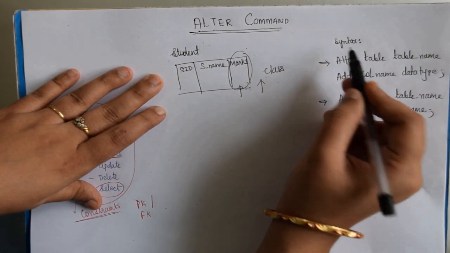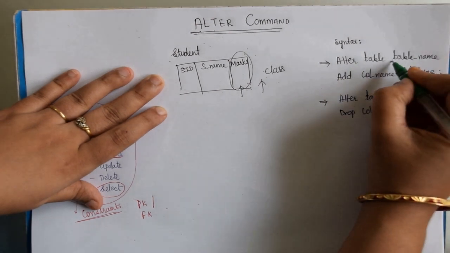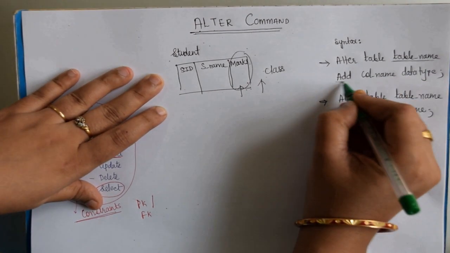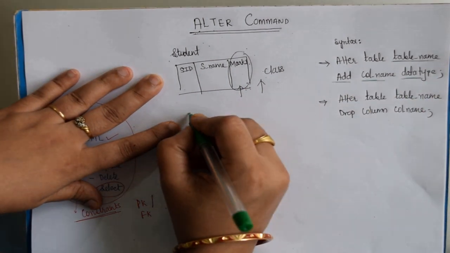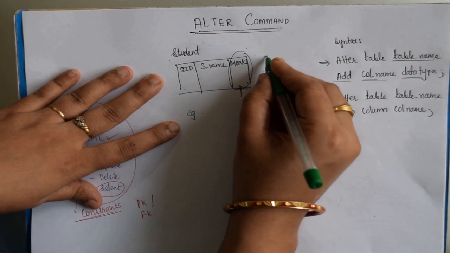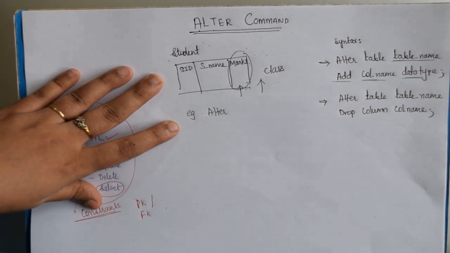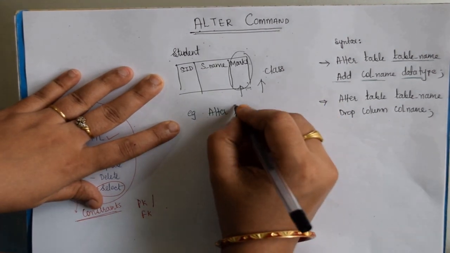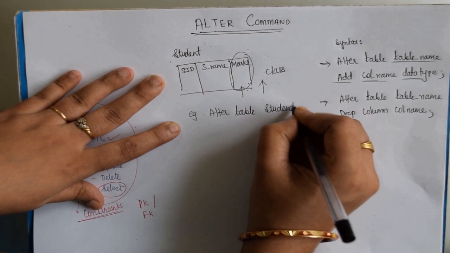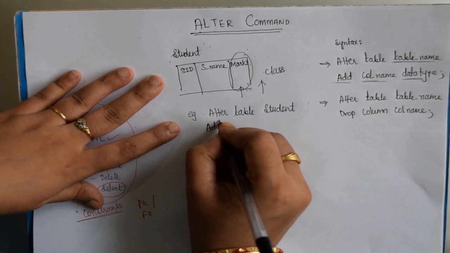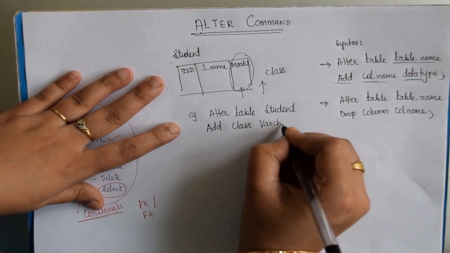Understood? The syntax for alter command is alter table, table name, add column name and data type. For example here I want to add class column in student table, so I will write here alter table, table name is student, add column name is class and data type for class is varchar.